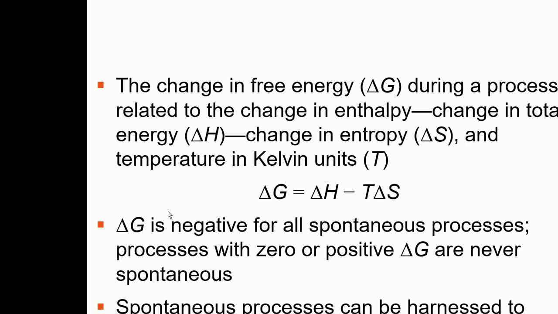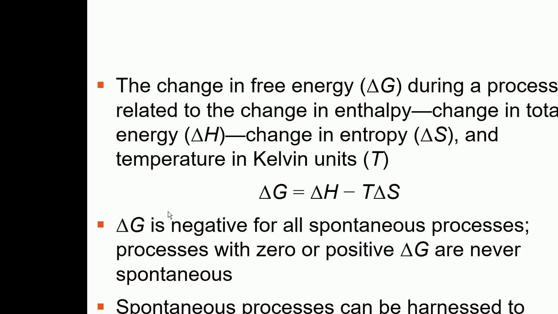To understand why a negative delta G means a spontaneous reaction: as I said, delta G is equal to the G value of products minus the G value of reactants. In a reaction, when the reactants react and form products, the reactants are going to have some of their own free energy, and the products are going to have their own free energy.